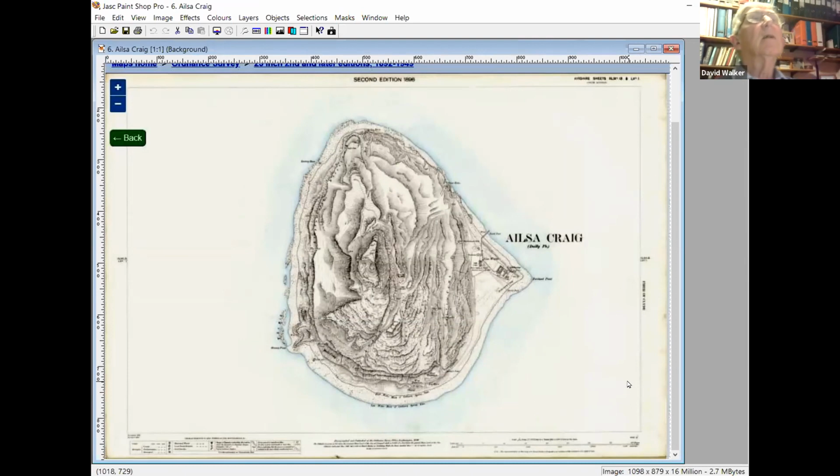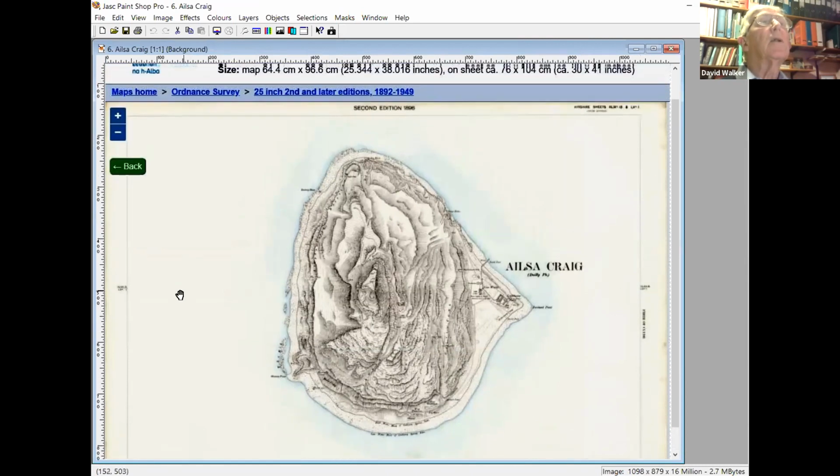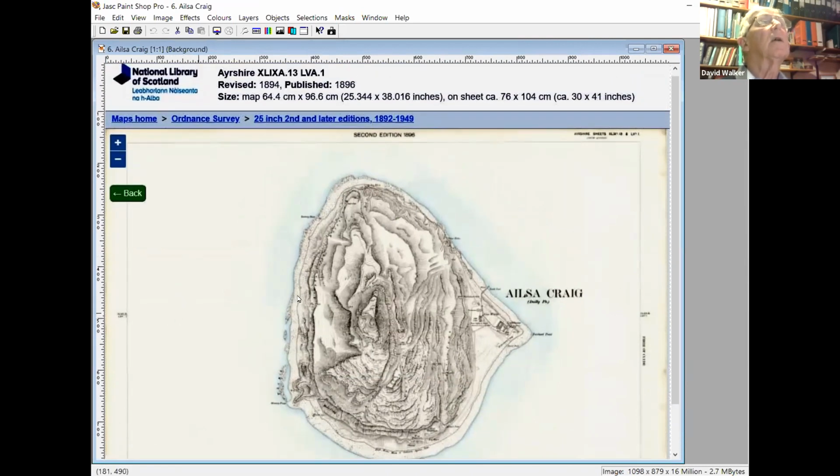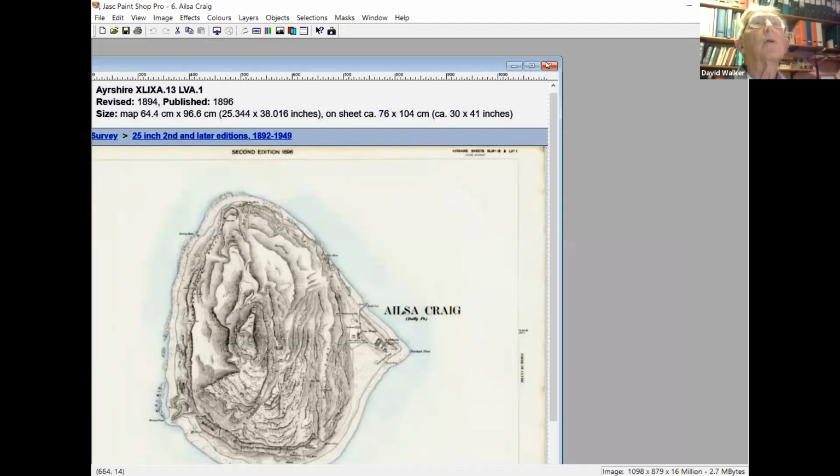But they gave in, and very unusually, they used their common sense and combined them. But if you see the numbering at the top of the map, they gave the map 2 sheet numbers in order to match the sheets that it would have been on if they hadn't combined them. So that's the good news, that Ailsa Craig you could buy for 3 shillings rather than 6. And that's just my contribution.